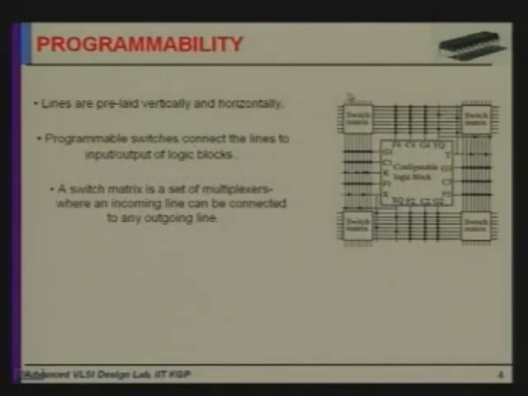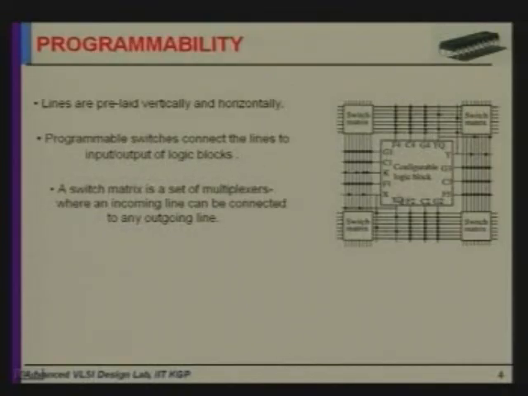These interconnect lines are pre-laid, meaning before programming these are laid vertically and horizontally. At the cross point, we generally have a switch matrix. What does this switch matrix do? It connects the lines to the inputs and outputs of logic blocks.